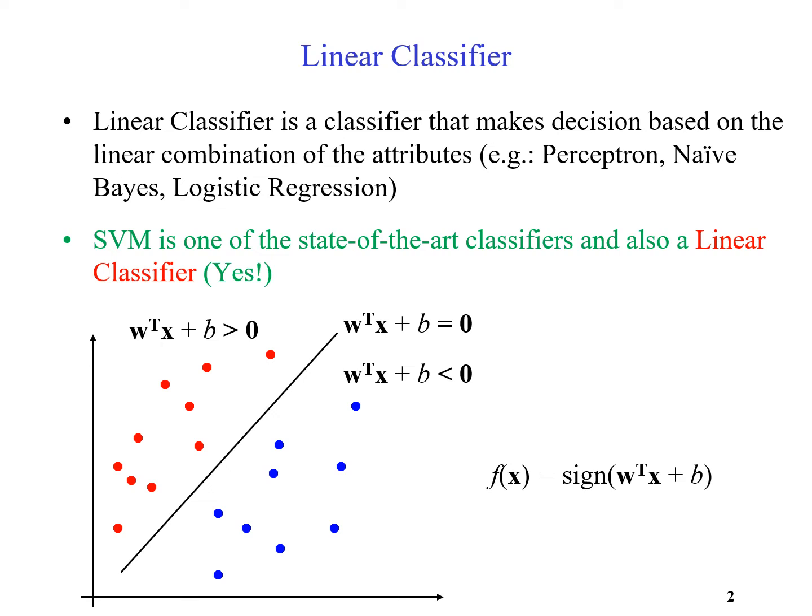Because naive Bayes is linear only when it is represented in logit form, and logistic regression is linear only if it is represented in logistic function form. So a little controversy there, but many people say these are linear classifiers as well. You can say naive Bayes and logistic regression are kind of linear classifiers in a twisted form.